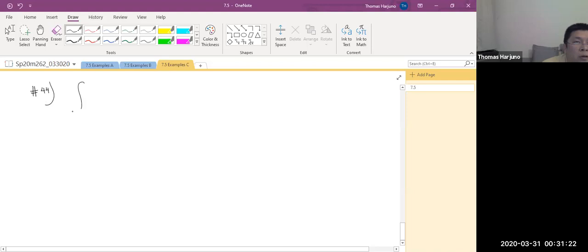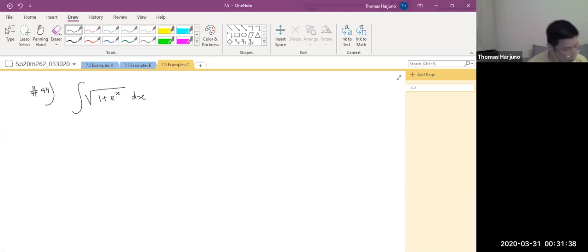Integral of square root of 1 plus e to the x dx. Any idea? Don't think too hard.